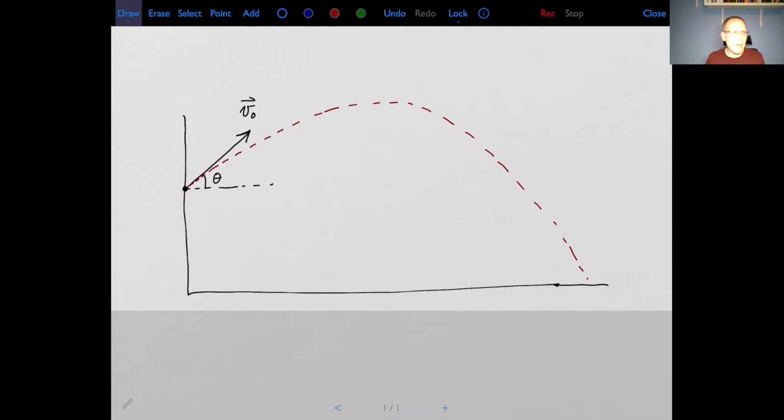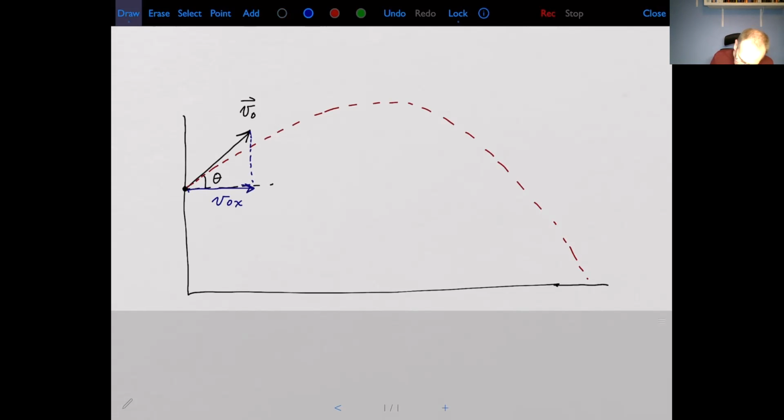The first thing I would do, and often you want to do this when you're solving a projectile problem, is find the components of that initial launch velocity. In other words, find the x component and the y component. If I go to the tip of the vector and project onto the x-axis, I draw a perpendicular down to the x-axis, and this right here is v naught x, the x component of v.